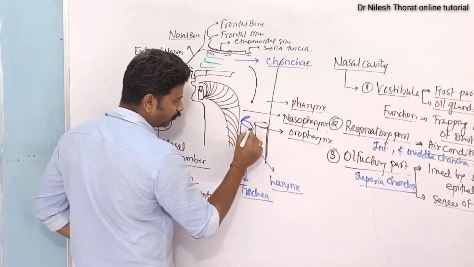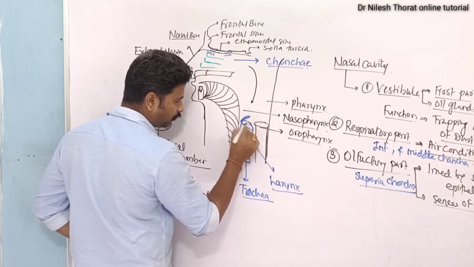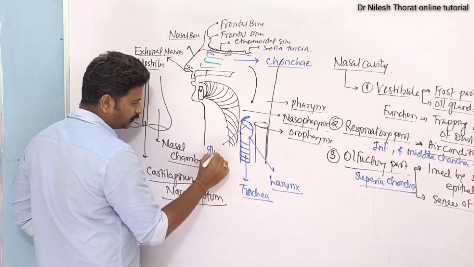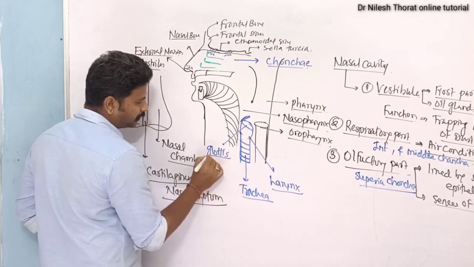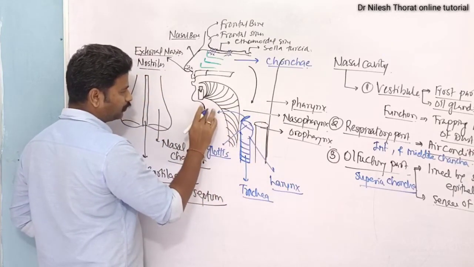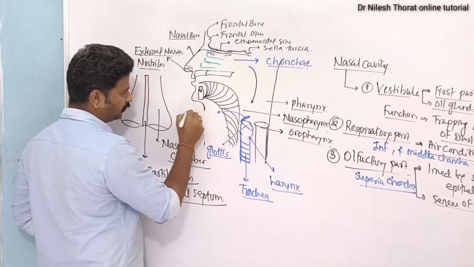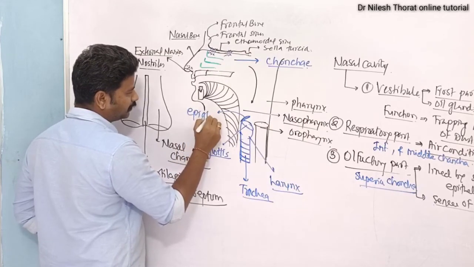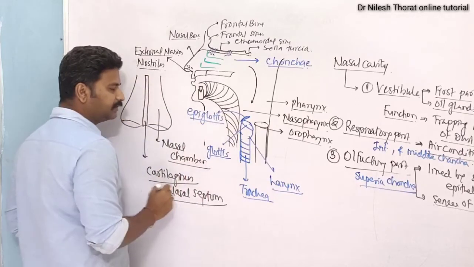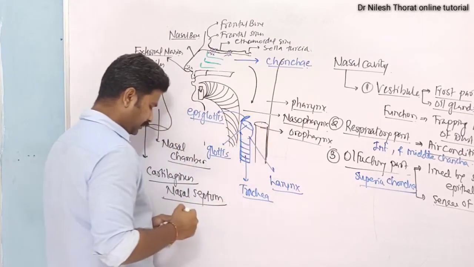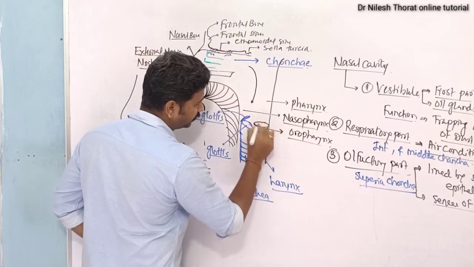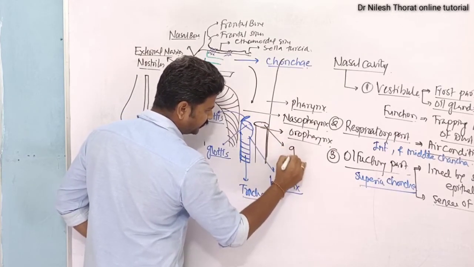The opening of the larynx is called the glottis, and this glottis is covered by a cartilaginous fold called the epiglottis. Clear? And this is the opening of the esophagus, which is called the gullet.